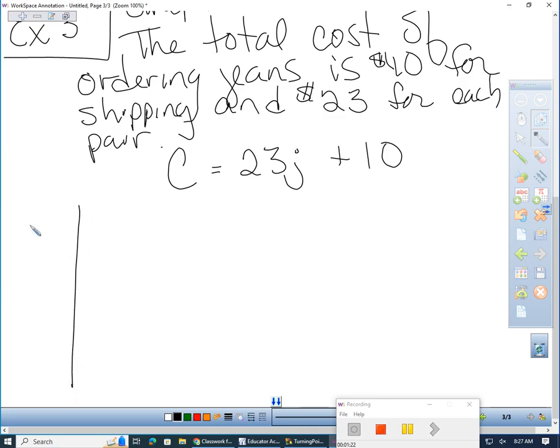So over here, this is going to be the number of jeans. This is going to be my cost. So I have 0, 1, 2, and 3. If I plug 0 here, 23 times 0 plus 10 is 10.